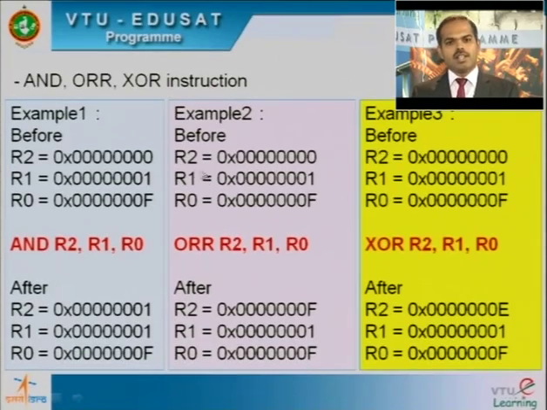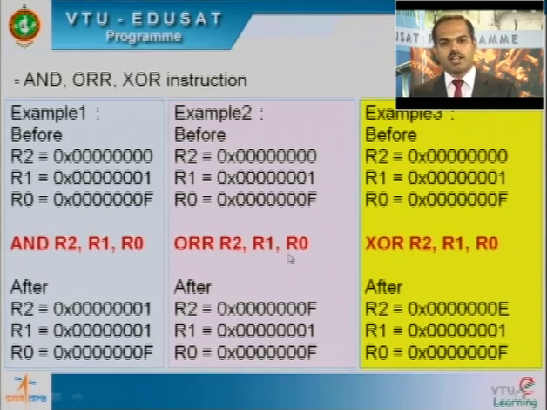For OR, we have taken the same example. See example 2. Before the execution of the instruction, R2 is 0, R1 is 1 and R0 is F. When this instruction is executed, ORR R2, R1, R0, the content of R1 is logically ORed with the content of R0.